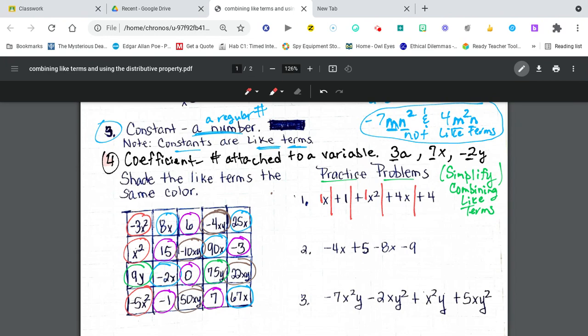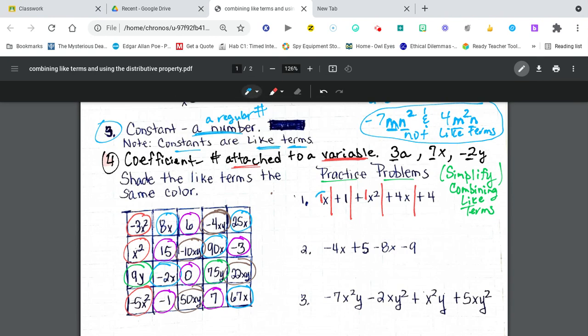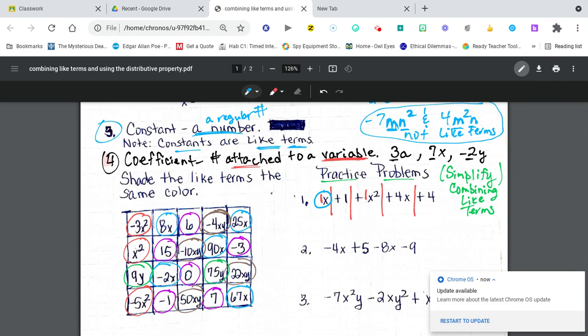The fourth term, its coefficient is a 4. And then +4, the last term, is a constant, so I'll leave it. Remember, coefficients are the numbers that are attached to variables, okay? So if you see a variable and it has no number in front of it, put an imaginary 1. Okay, now what I'm going to do is combine like terms, and I'm going to do these in different colors. So I want to know, what is 1x like?